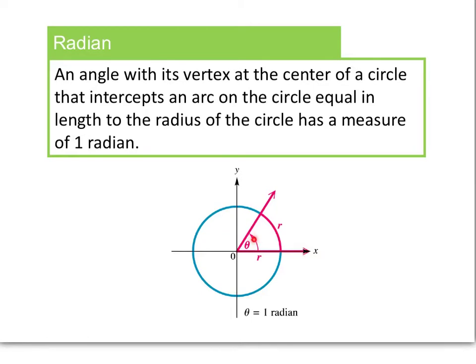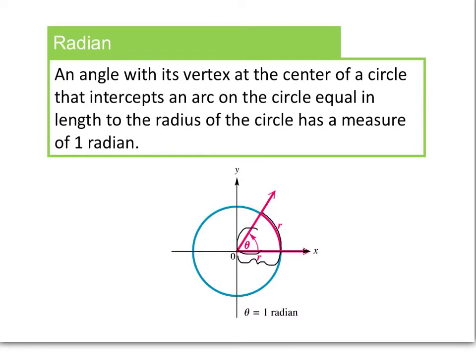The way that you measure a single radian is you look at the distance of the radius of the circle. Then you measure that distance along the edge of the circle, so it'll be the exact same distance.